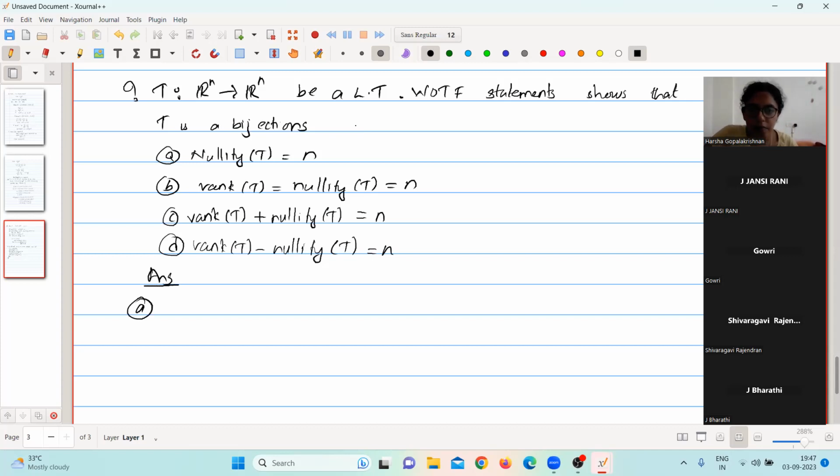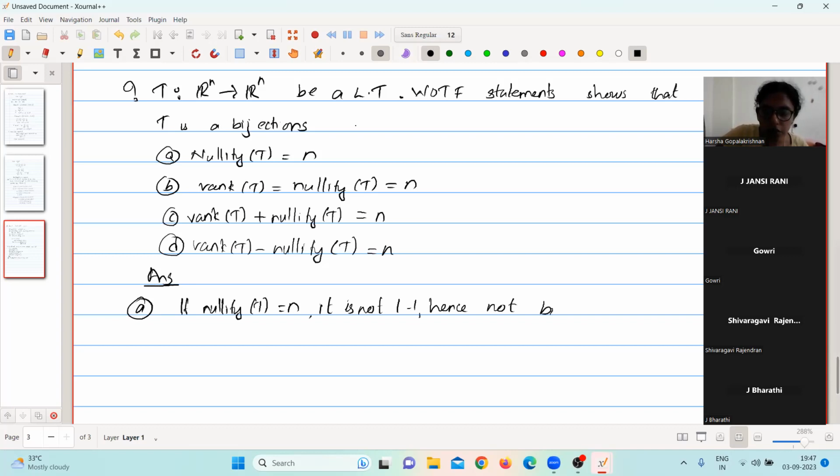If it is bijection, it means nullity of T is 0. So they have given N. Bijection means, first of all, it should be 1, 1. If it is 1, 1, kernel contains only the 0 element. That means nullity should be equal to 0. So if nullity equal to N, it is not 1, 1, hence not bijection.